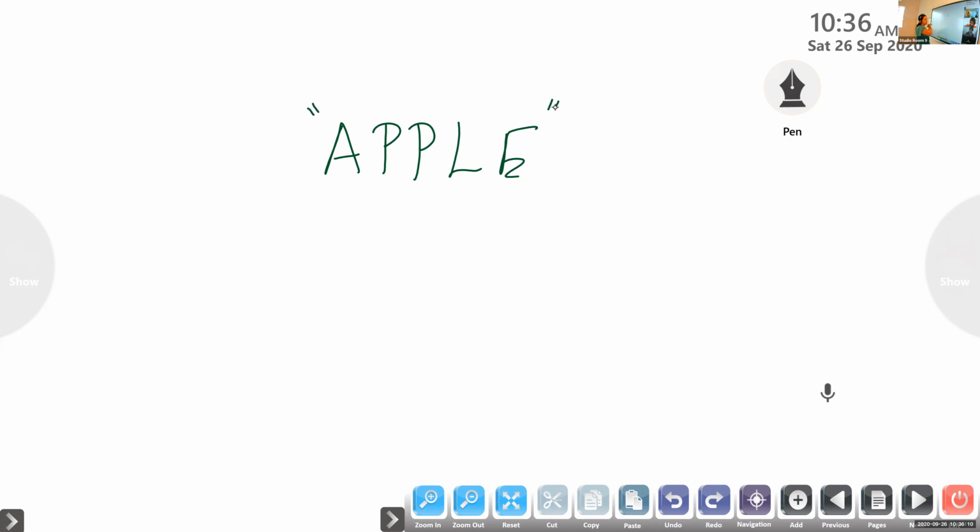Okay, so this one is an easy one. What you have to do is, first you count and see how many alphabets are there. Okay, how many alphabets are here? Tell me. Okay, total number of alphabets are. What is the length of this word? 5. It is 5, isn't it?